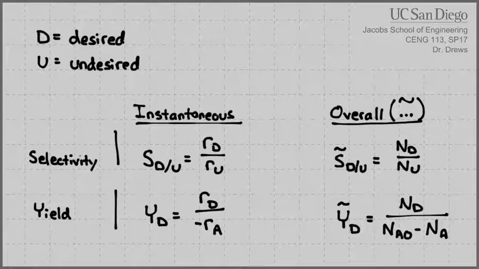One thing that we don't do in this class that we did do in 100 is that we don't typically use selectivity and yield as a fixed parameter. We don't try to design a reactor around a specific yield. We needed to do that in 100 so that we had enough pieces of information that we could actually solve for the extensive reaction. Here, it's more like, given a set of kinetics, what is the yield for that particular reactor?